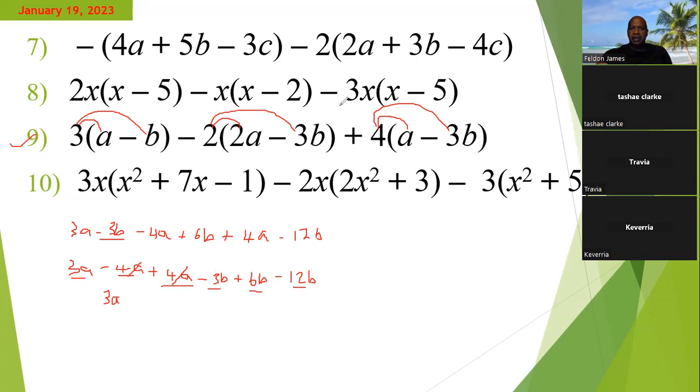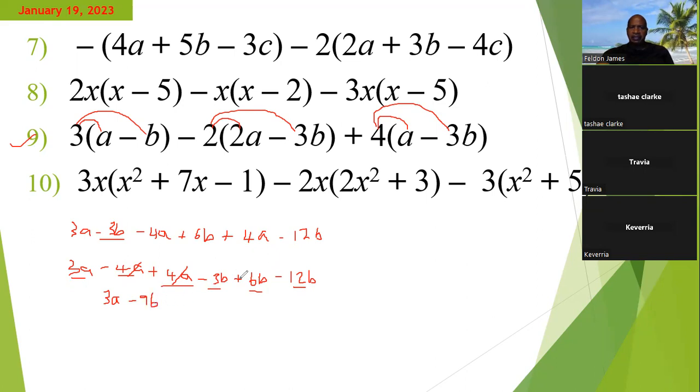So you add the negatives. Negative 3 with negative 12, you will get negative 15. Then you add positive 6, you will get negative 9. And so you have negative 9B.